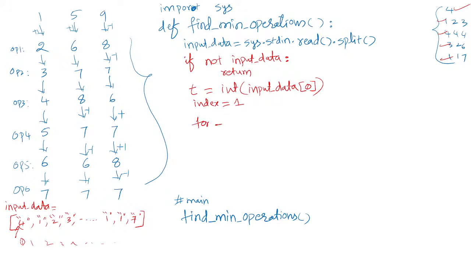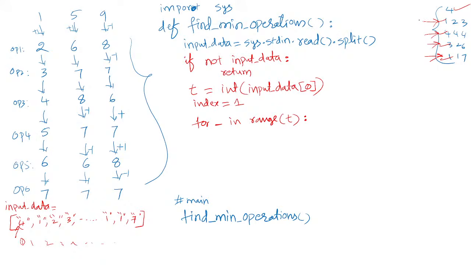The loop variable is not required, so you can write for _ in range(t). This t contains 4, so the loop repeats 4 times because you need to process the 4 test cases here.